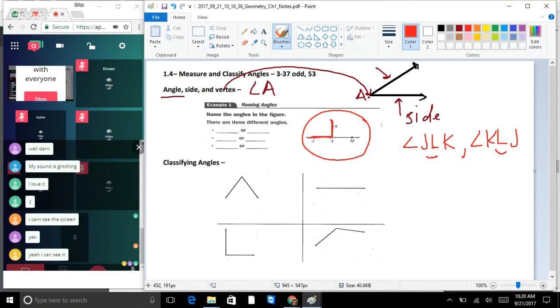So if I want to label this angle in green, I could call that angle KLM, or I could call that angle MLK. And again, the vertex is in the center.